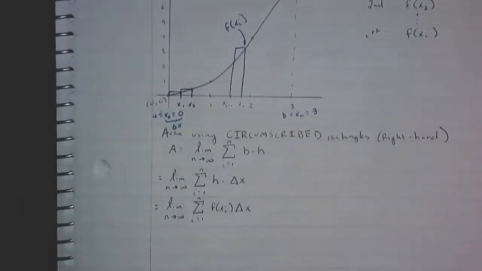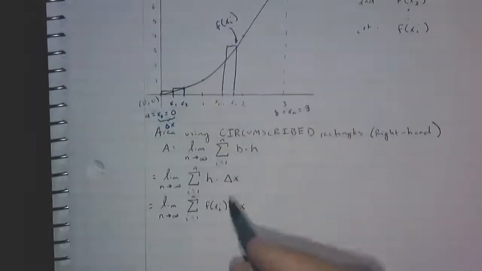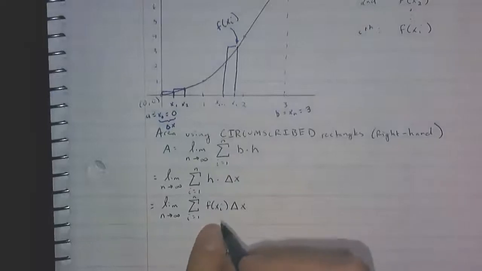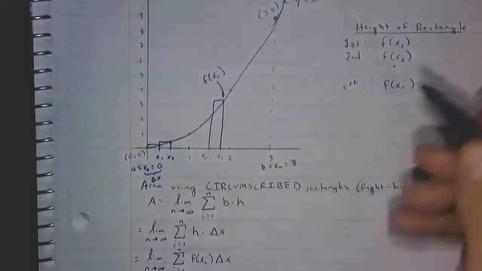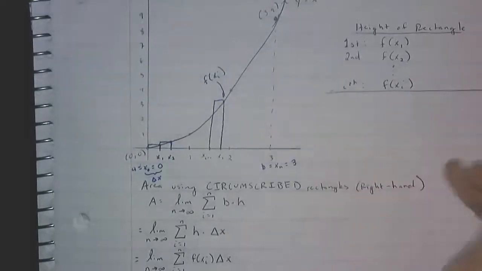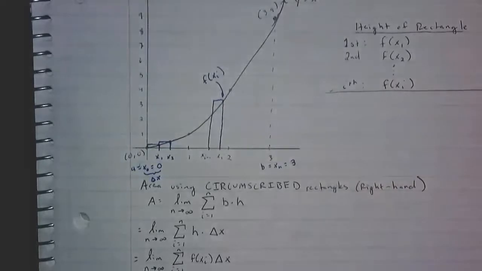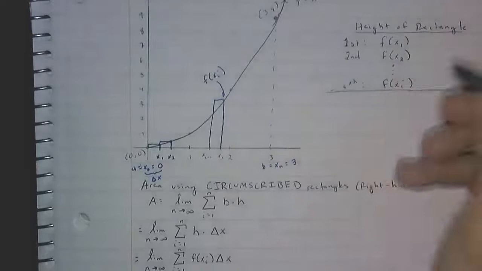So we're going to use f of x sub i. What I think we're also going to do that we didn't do last time is now look at, okay, what do each of these indexes actually are? Well, we'll just start listing them.